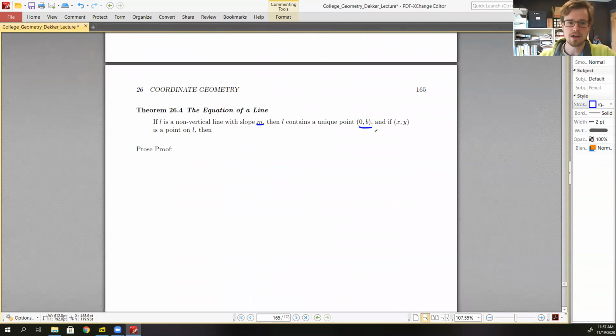And then if (x, y) is any point on the line, then we can write a relationship between x and y. y is equal to mx plus b. y equals mx plus b.